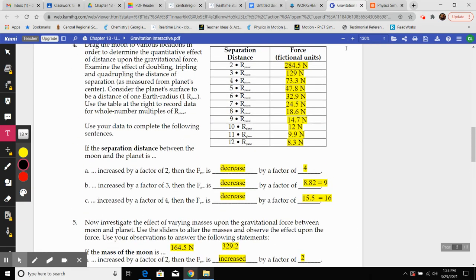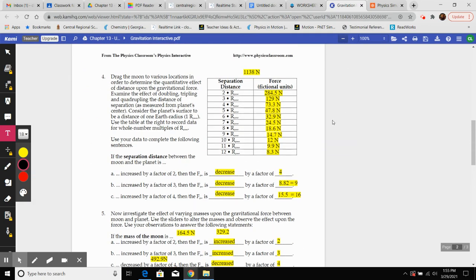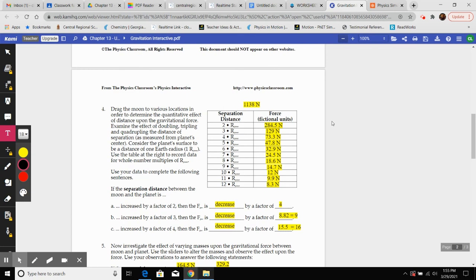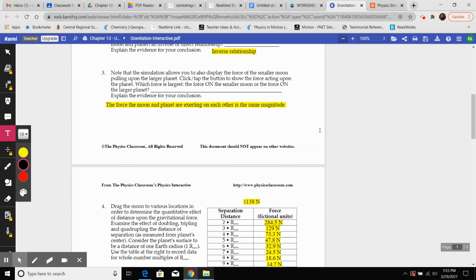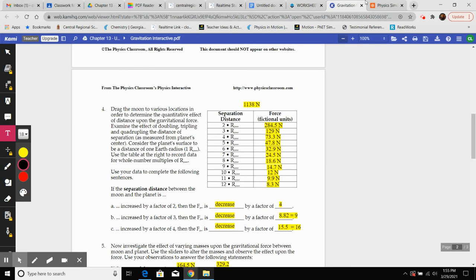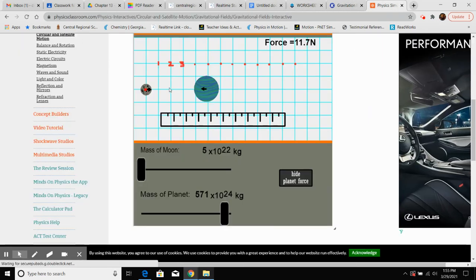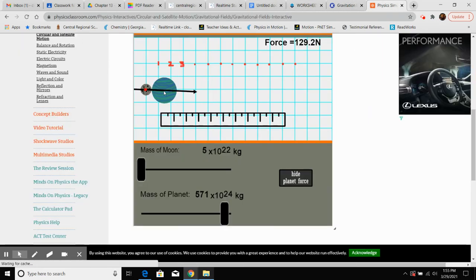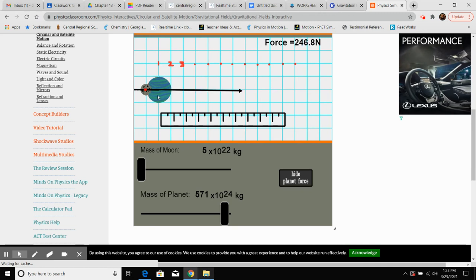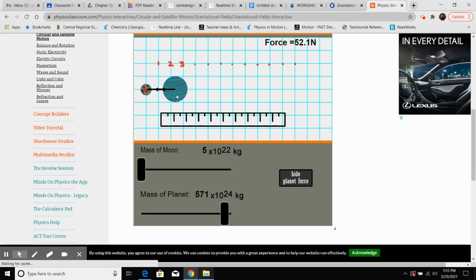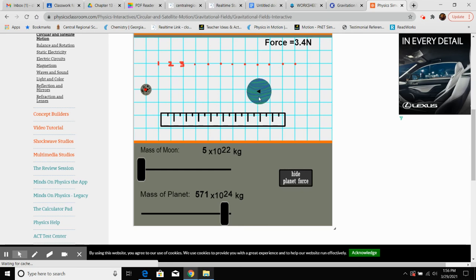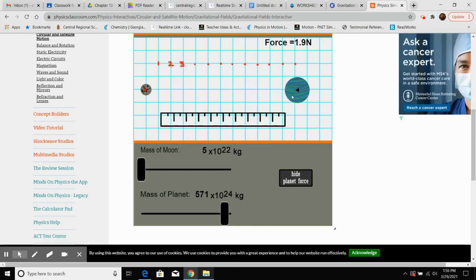Okay, so let me zoom out for a second. So the things that we did: we changed the distance. We changed the distances here, and you can see that it gets really small.